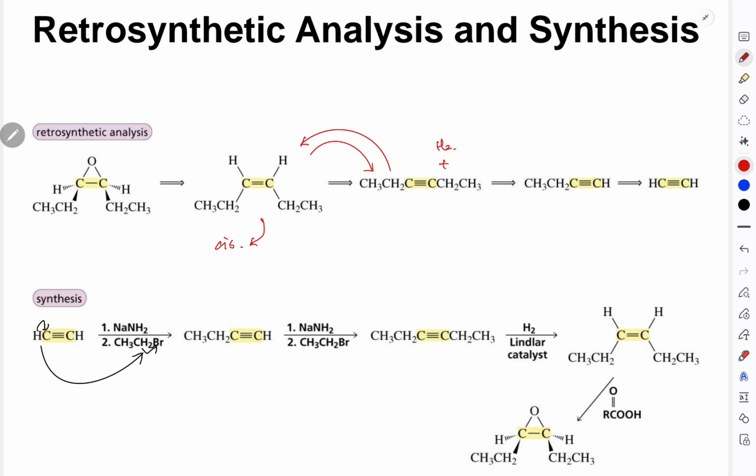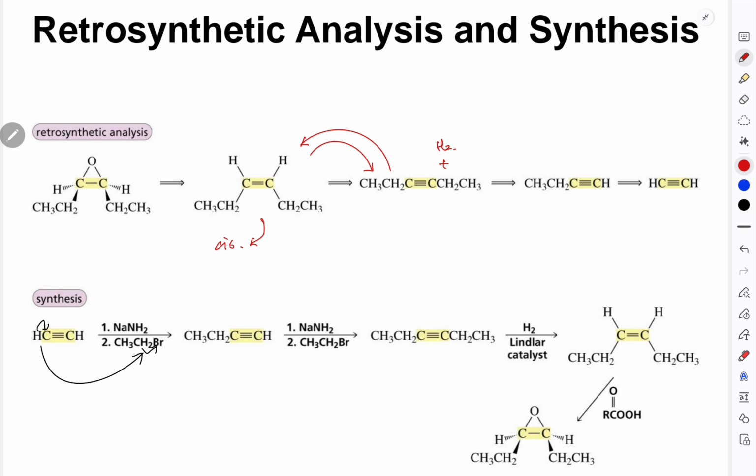And then to make this internal alkyne, right? You can think of the terminal alkyne, and we learned about the deprotonation and alkylation steps, right? From which you can make this internal alkyne from this terminal alkyne, and this alkyne can also be made from the simplest possible alkyne, the starting material given in this problem.